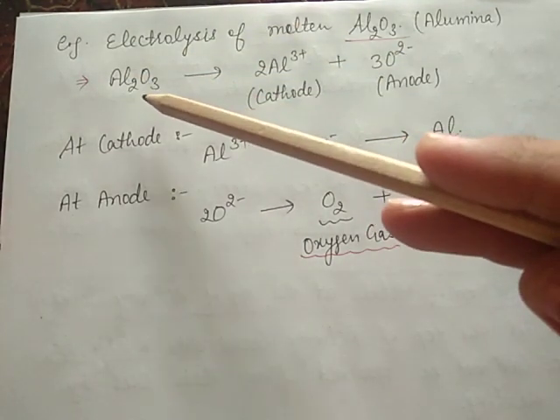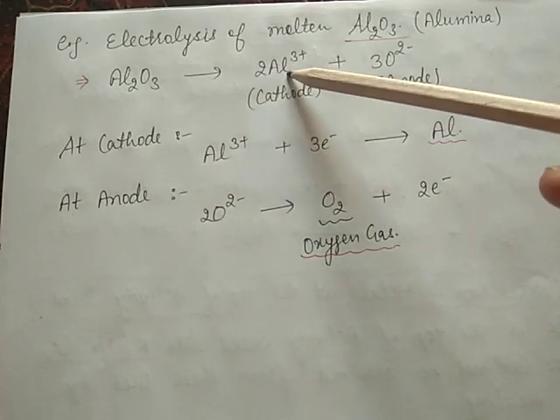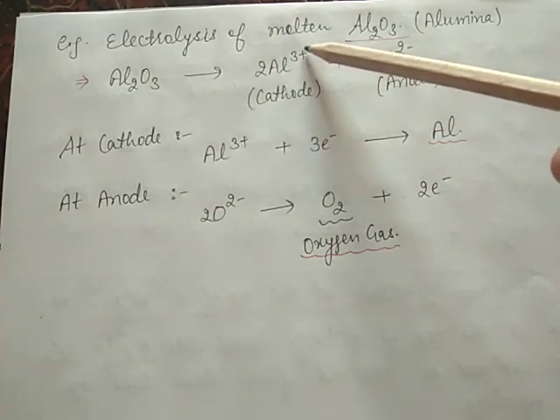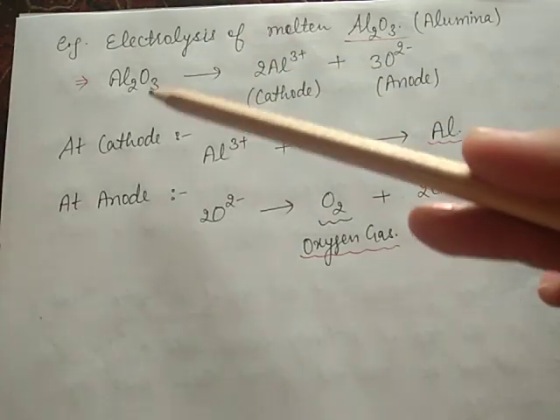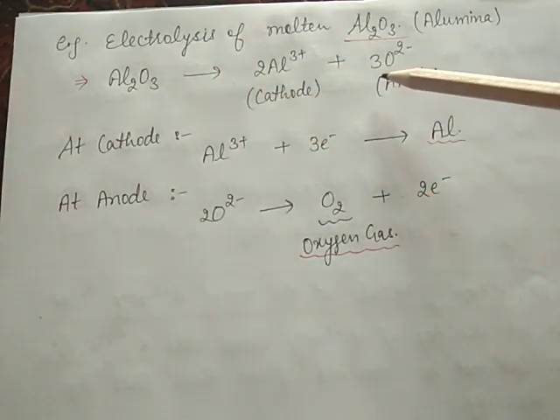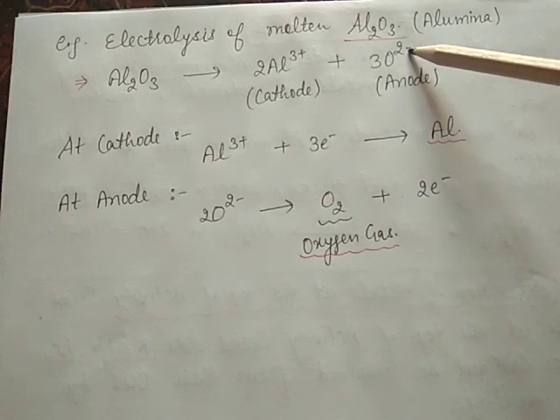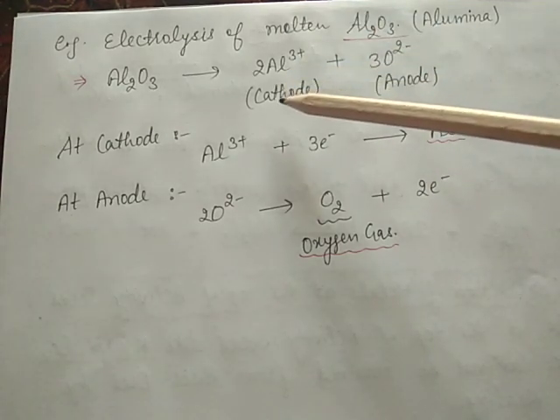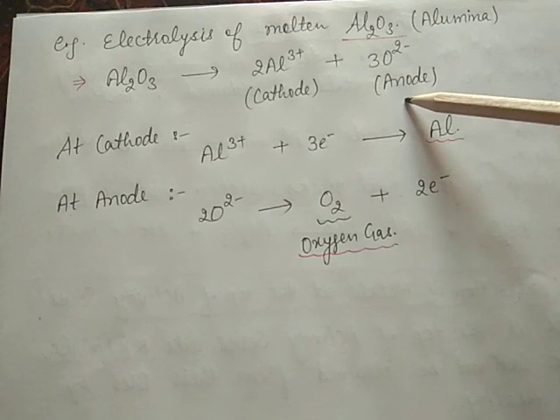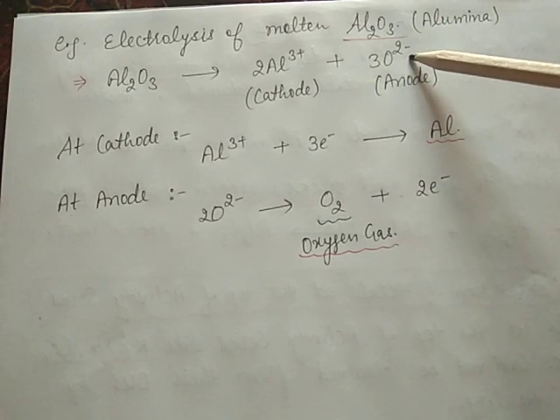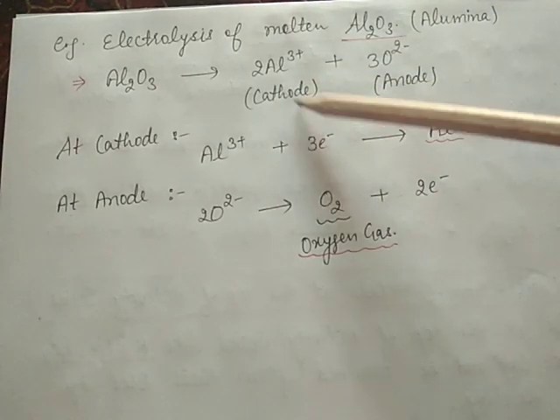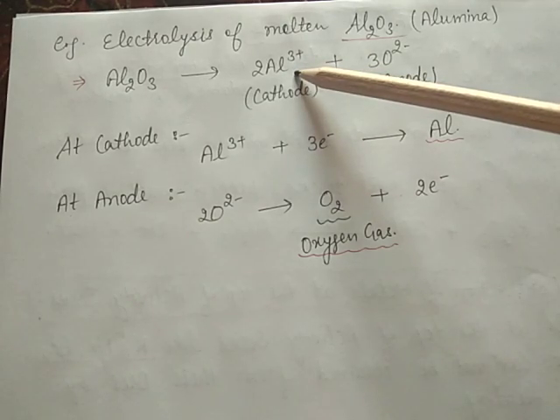Here aluminium is 2, so this is 2Al, and charge on the aluminium is +3, plus here oxygen is 3, this is 3, and oxide having -2 charge. Anode having positive charge attracts the negative ions, and cathode having negative charge attracts the positive ions.